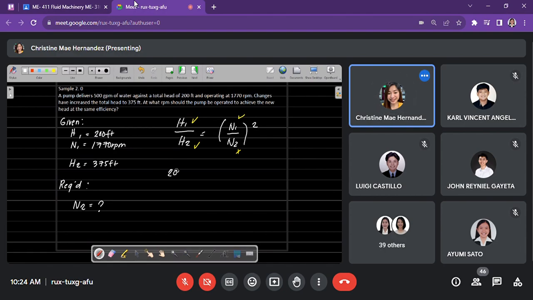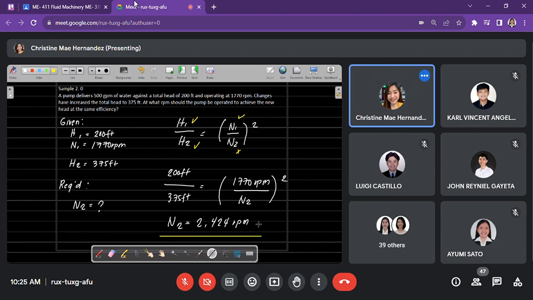So, 200 feet over 375 feet is equal to 1,770 RPM over yung ating N2. So, ang ating new speed ay equal sa 2,424 RPM. Okay? So, same ba tayo ng answer?